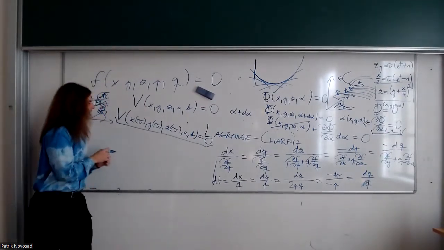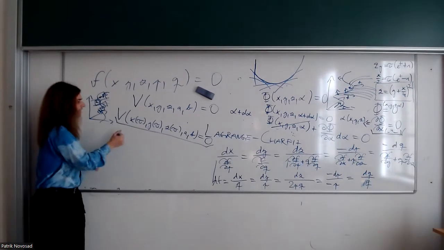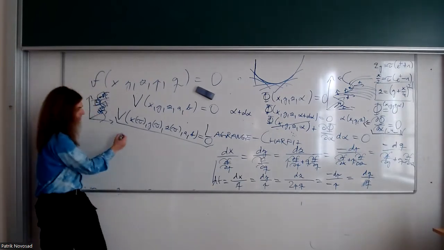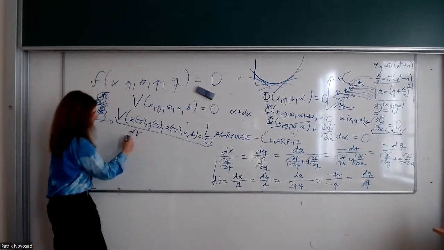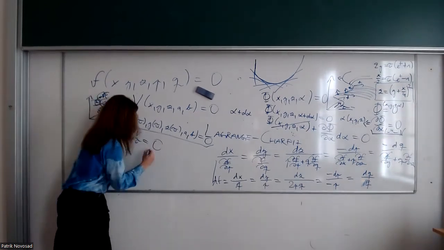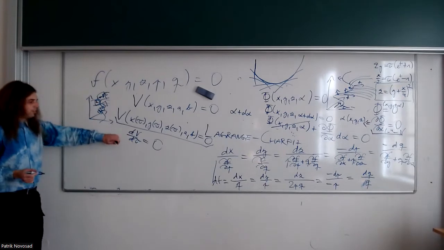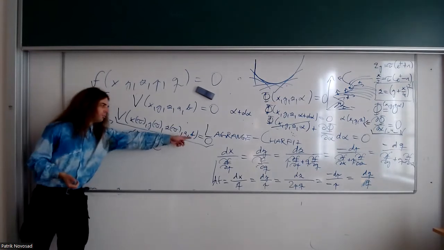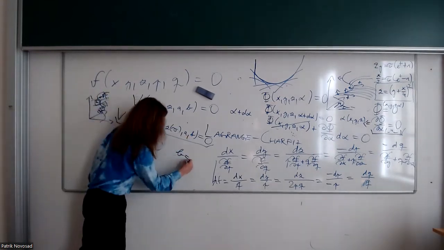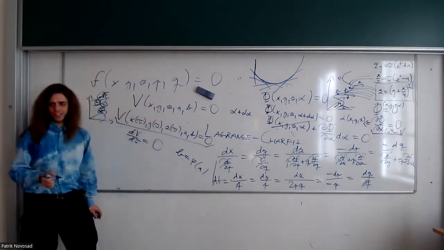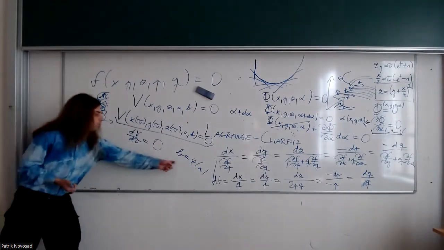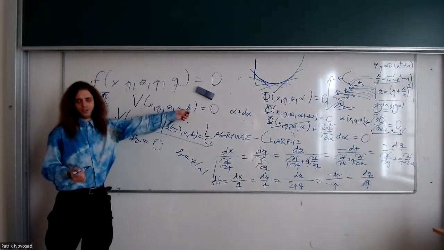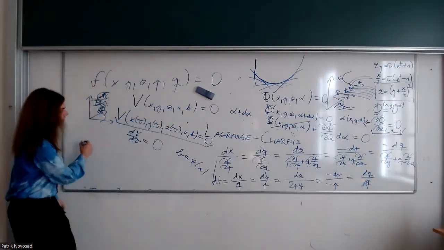Which means, first, I need to get the functional relationship between B and A, as I have shown before, which is just obtained by eliminating, let's say, tau from these two equations, which means that some relation between B and A will remain, and B, let's say, is a function of A. And now, when we have this relation, we can just plug it into the complete integral, into our original two-parameter family of solutions.